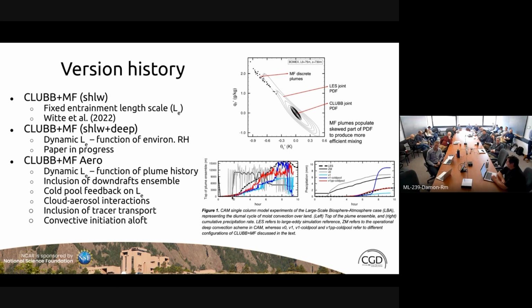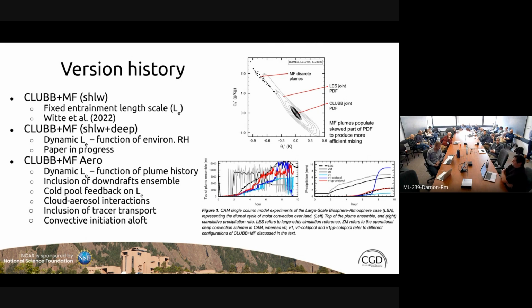And then the dark, thick gray line is CAM 7, so the ZM scheme. It doesn't have this nice gradual growth of convection like you see in LES and observations. You have this on-off behavior of ZM. I'm sorry, you have this on-off behavior of our first iteration of ClubMF that kind of matches what ZM's doing.